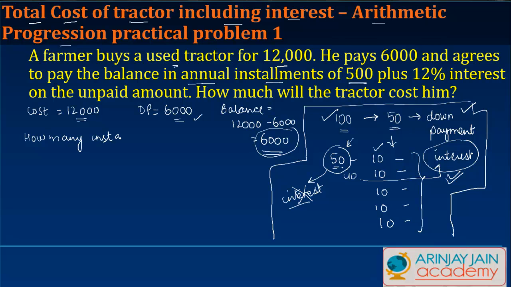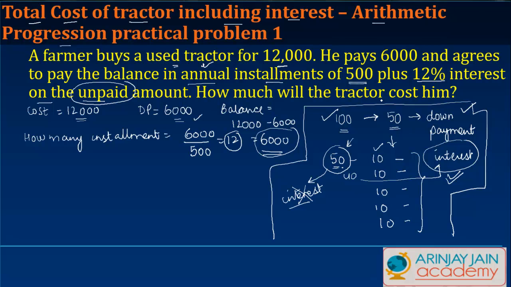He is going to pay 6,000 rupees, and every time he pays 500, which means he is going to make payments over a period of 12 years, because the installments are annual, plus 12% interest on the unpaid amount. These things are to be noted, because many times you may be asked that you have to pay a fixed interest. How much will the tractor cost him?